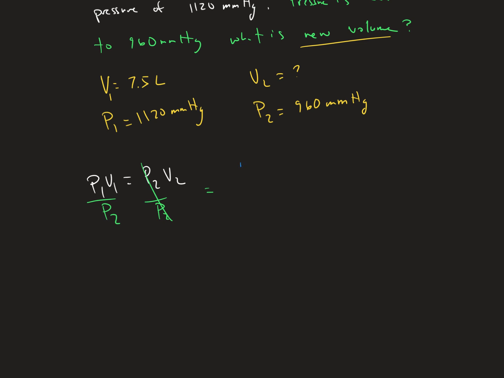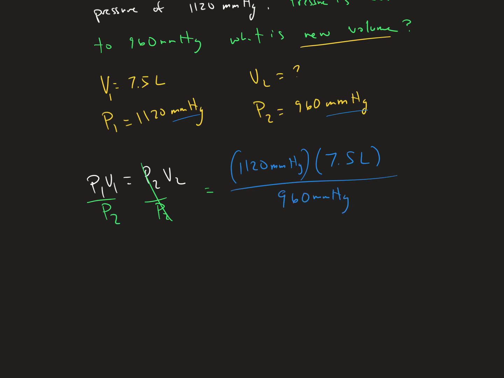P1 is 1120. Do we worry about putting our units? Yes. Because if by chance they're not the same, they won't cancel, and that'll tell us I have to convert. But if you just plug the numbers in and you're not paying attention to the units, you might have to convert and you're not seeing it. Multiply V1, which is 7.5 liters, divide P2, which is 960 millimeters of mercury.